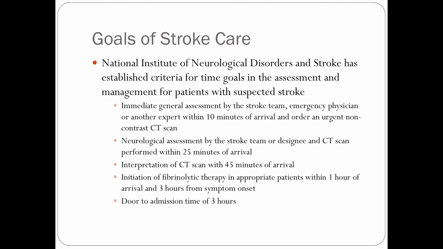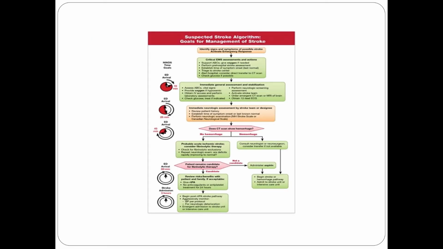So you can see the impact of the mobile stroke unit, if you have availability of that, to get that done before we even get to the hospital and the ER. And we can initiate the fibrinolytic therapy also with the CT clearance, so our door to admission time was cut dramatically at that point.